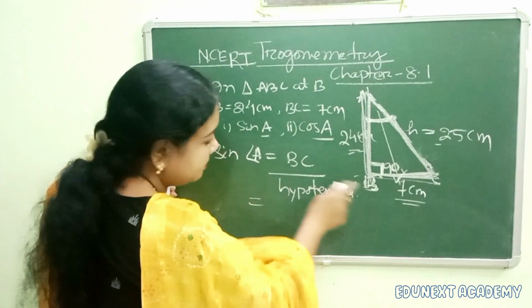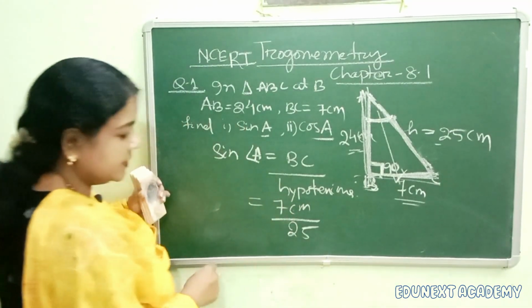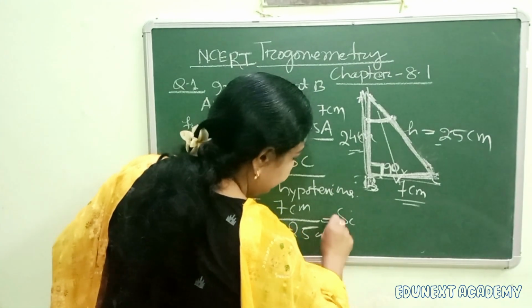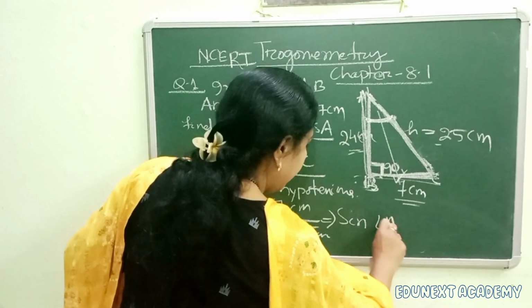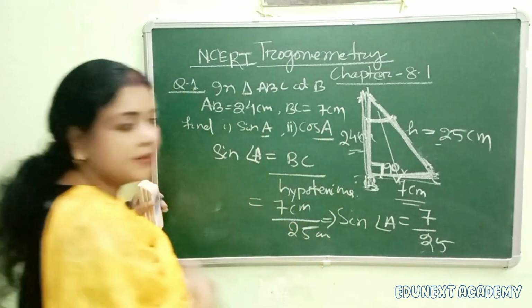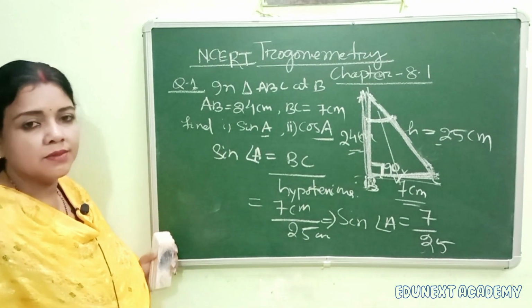That means BC is 7 and the hypotenuse is 25. That means sin A is 7 by 25. So again, let us discuss cos A.